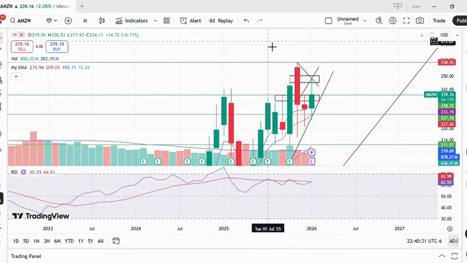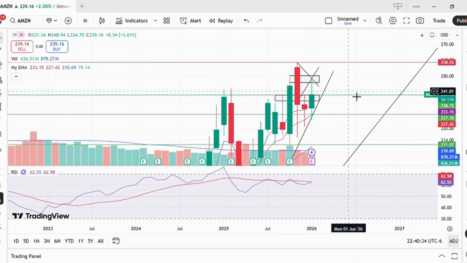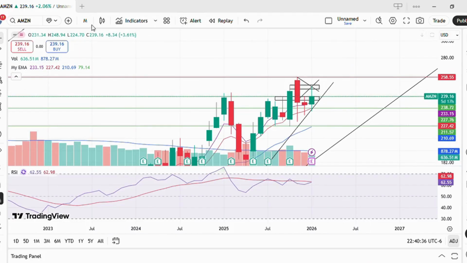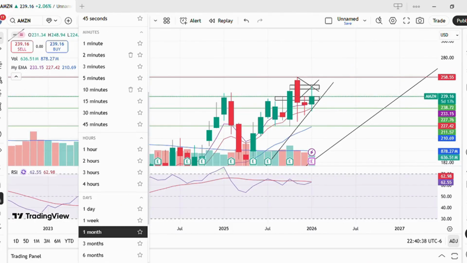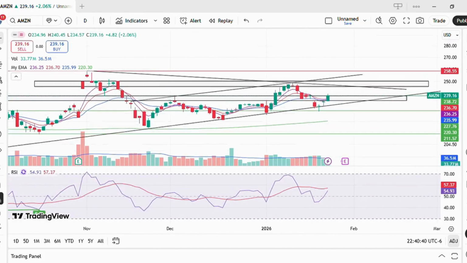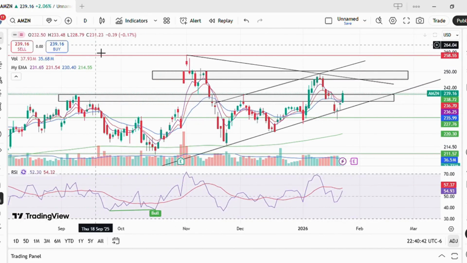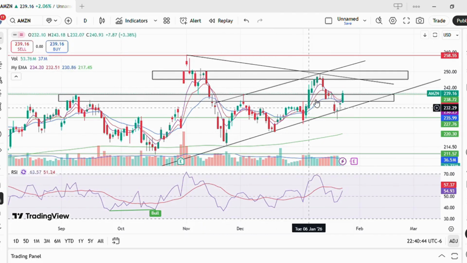Let's see how the next week goes for Amazon. For now, on the daily time frame, it is trading in this channel, and formed another higher low last week.